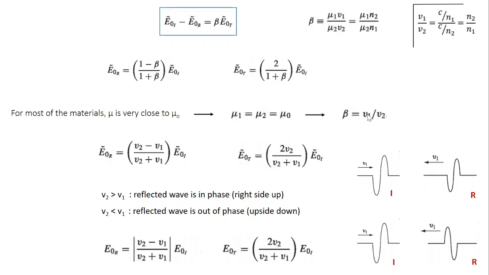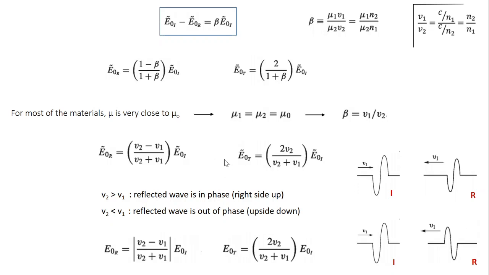So beta becomes v1 by v2. Substitute for beta in these two expressions. You can do it for yourself. You will get E naught R complex equal to v2 minus v1 divided by v2 plus v1 into E naught I complex. Similarly, E naught T complex equal to 2 v2 divided by v2 plus v1 into E naught I complex.